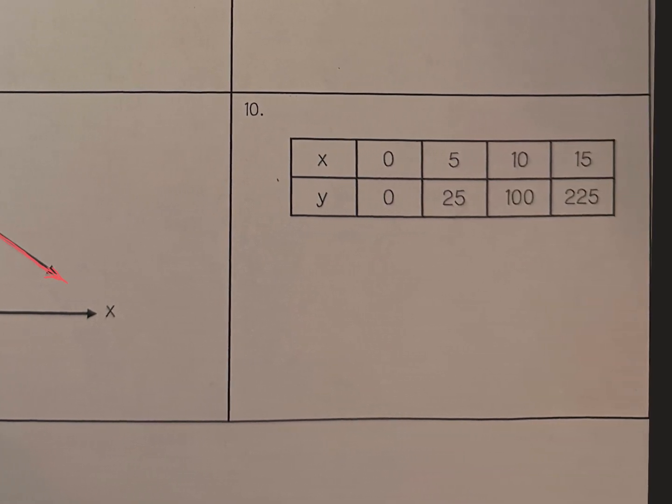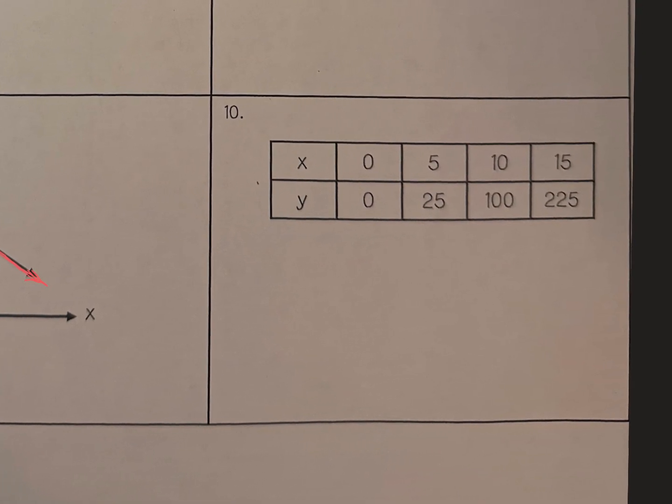Okay, and then this one again, you can do the cross multiplication. So I would say that this one is non-proportional. Sorry. Non-proportional.